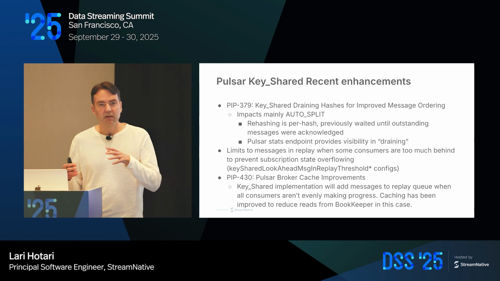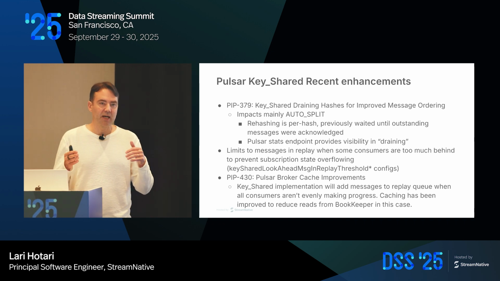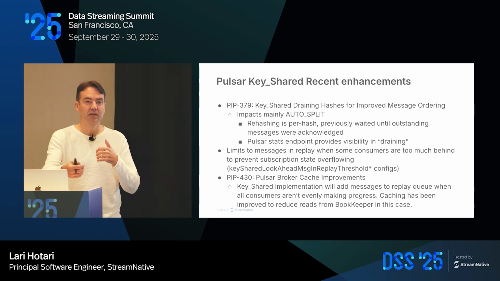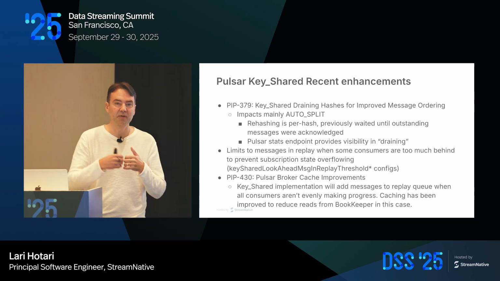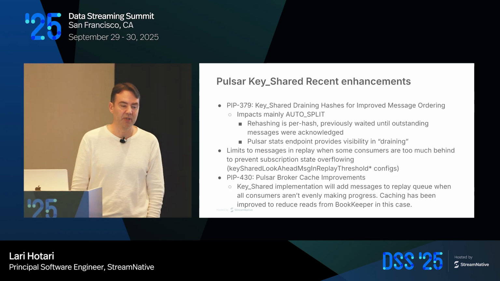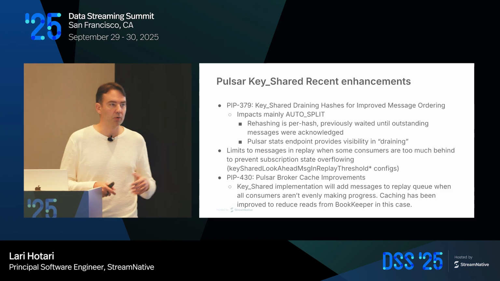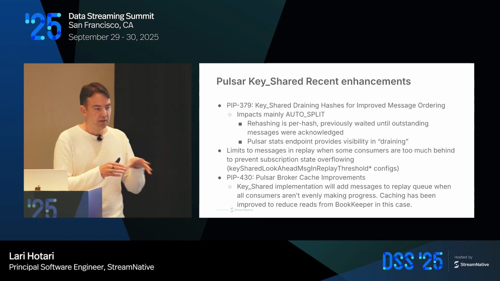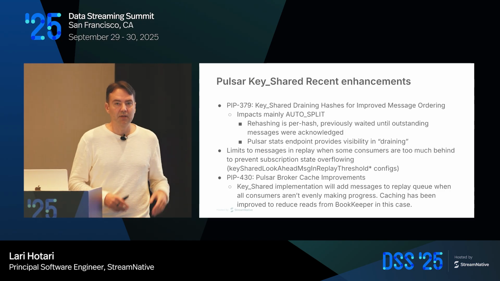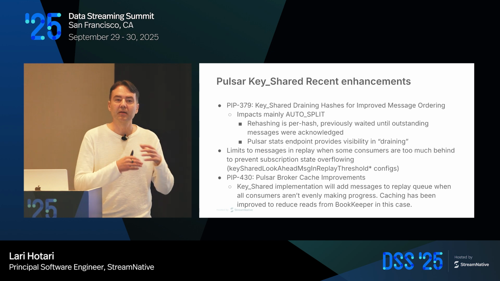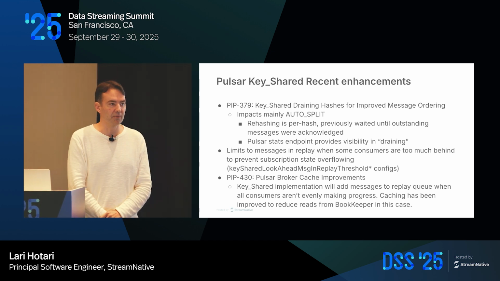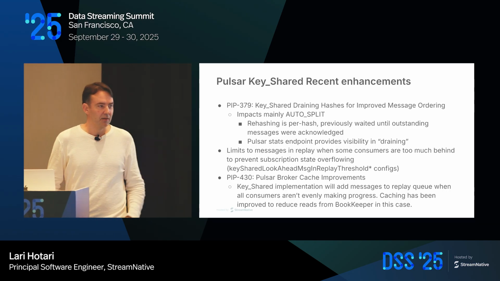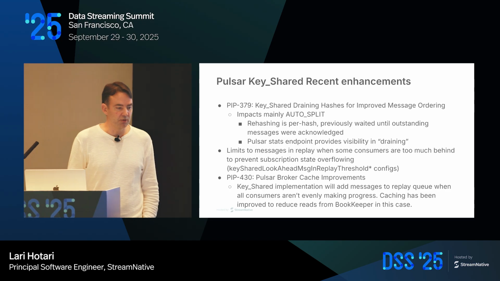Since it won't be sending the messages after rehashing, it'll wait until all the messages for that hash have been acknowledged by the previous consumer that was consuming the messages, because otherwise the ordering would get mixed up. So in this case, there's a solution to that concurrent processing problem as long as there are no network failures. So it prevents processing of the same keys at the same time in two different consumers.